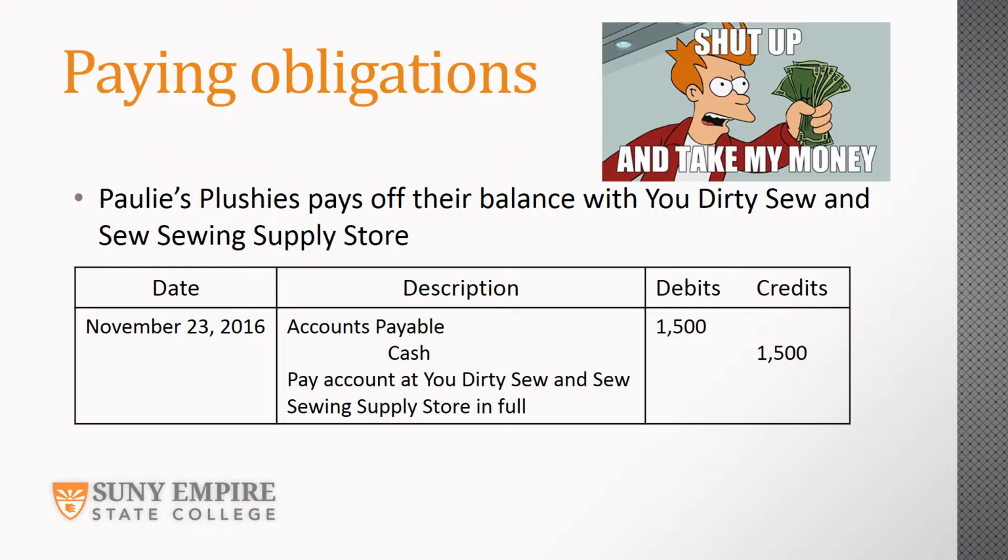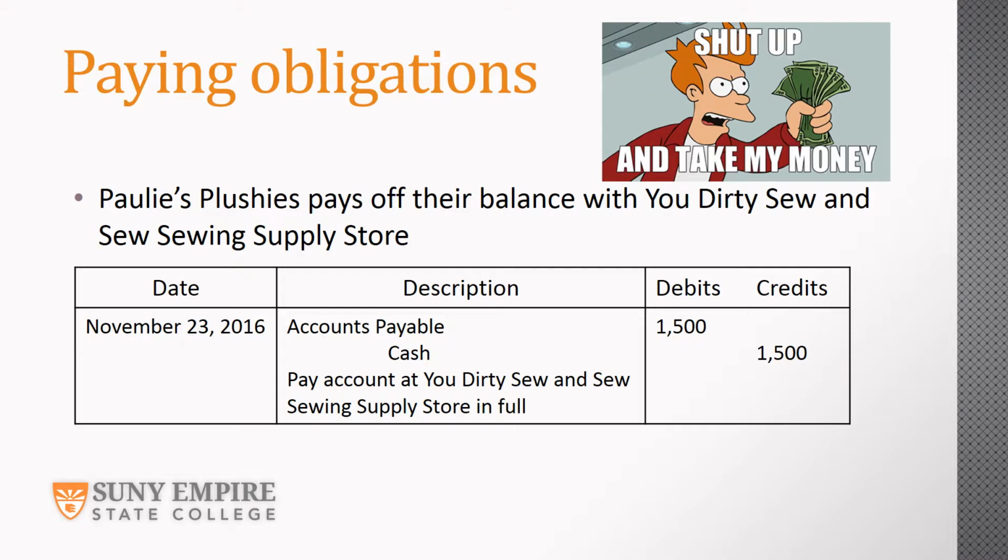Of course, Polly's Plushies has bills of their own to pay. For example, they need to pay off You Dirty So-and-So Sewing Supply Store for the raw materials purchased to make the plush souvenirs. Once the payment cleared, Polly was able to send a payment to the supply store, paying the account in full. For the journal entry, we start with the date of the transaction, November 23rd, 2016.